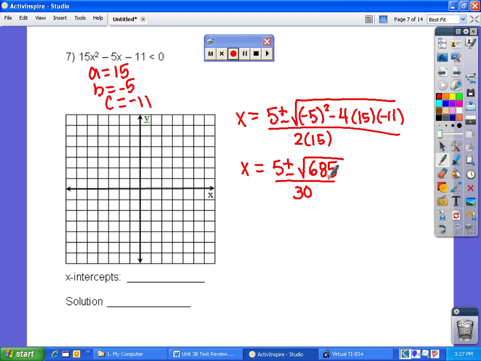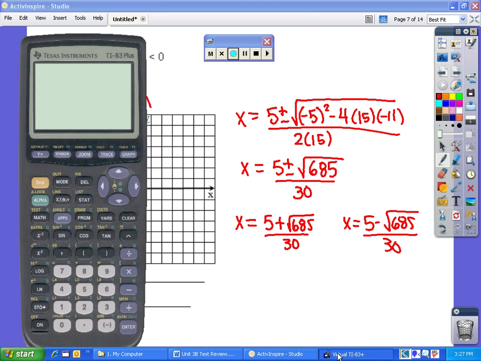So now, from this point, you can just put it in your calculator. 5 plus square root of 685 over 30, and 5 minus square root of 685 over 30. Alright, so you just put that in your calculator. And the first answer is 1.039.